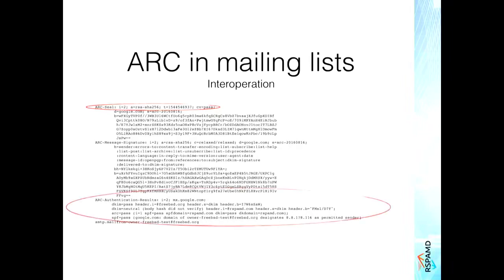And also there are authentication results. So you can see that the body hash from the originator is not verified because it was broken by Mailman, but the ARC verification and DKIM verification afterwards was successful. And actually it helps to interoperate with email service providers, and it helps to improve delivery basically.